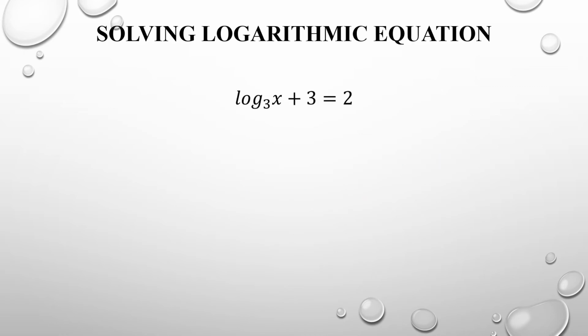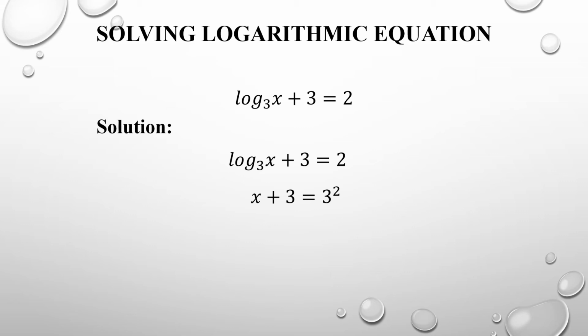Next example, we have logarithm of x plus 3 to the base 3 is equal to 2. Solution. Para dito sa part na ito, pwede nating i-rewrite as exponential form. So we have x plus 3 is equal to 3 squared.